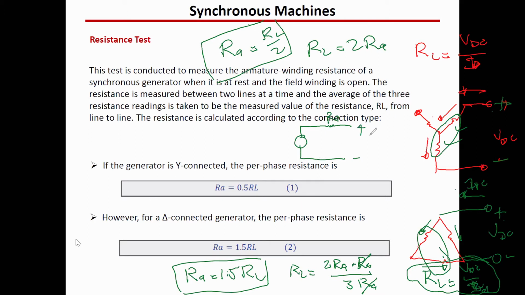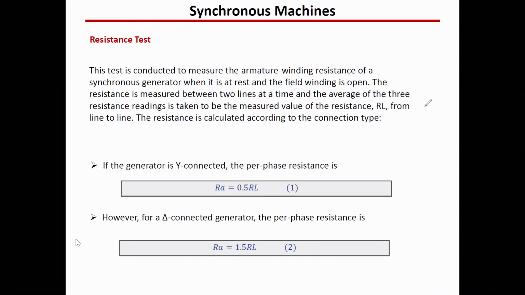So if the load is connected delta or Y, basically we are connecting these two terminals to either delta or Y. So the connection will actually be like this: one armature circuit like this, another armature circuit like this, the third armature circuit like this.